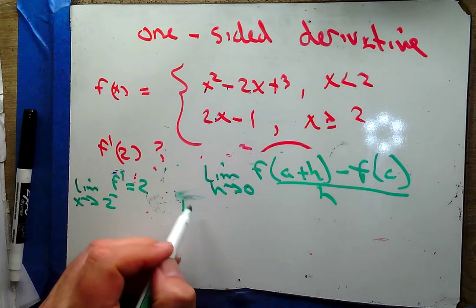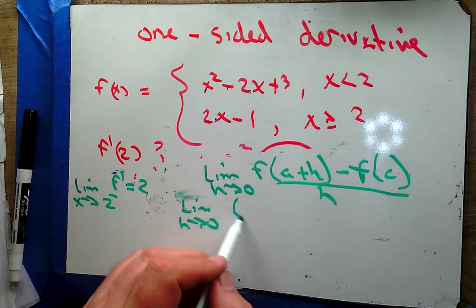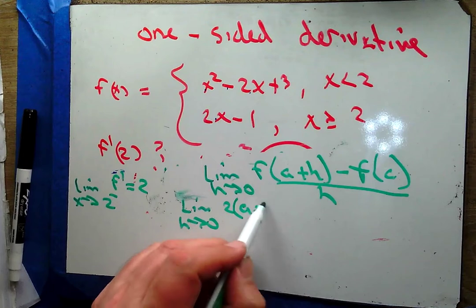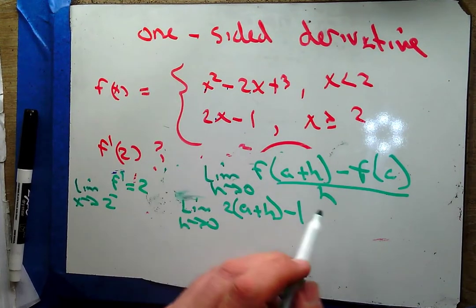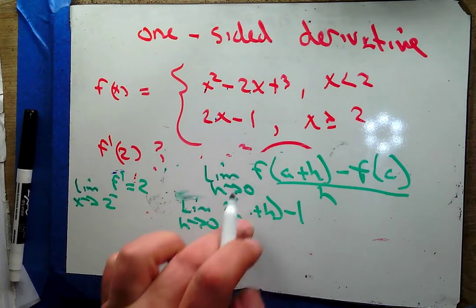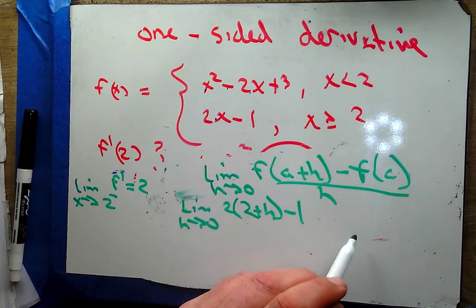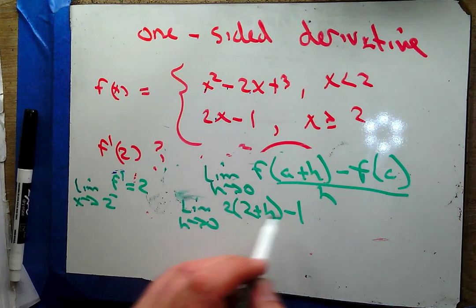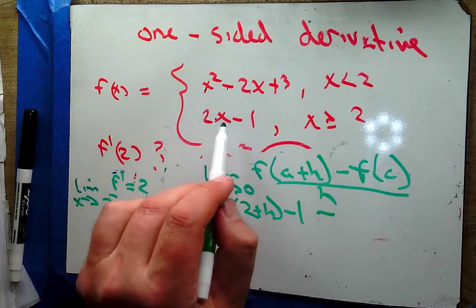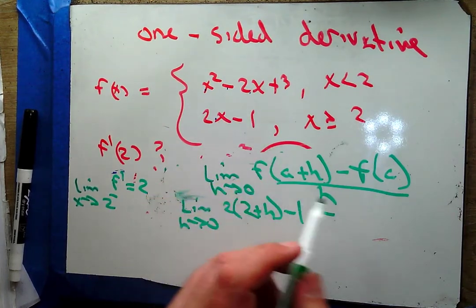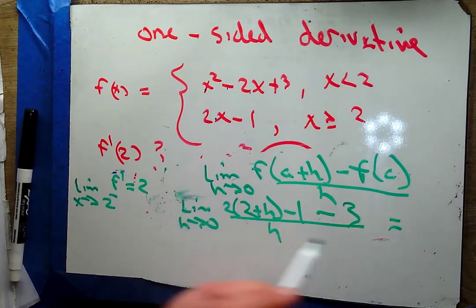So I'm going to say then that the limit as h heads to 0 of 2 times (a plus h) minus 1, that's f of a plus h. No, that's a 2 because we're doing 2. Minus f of a. And since our a value is 2, 2 times 2 is 4, 4 minus 1 is 3. All over h. And so what does that give me?